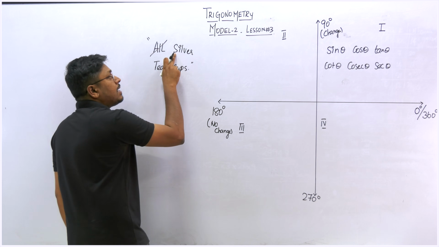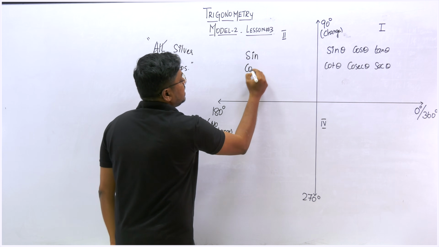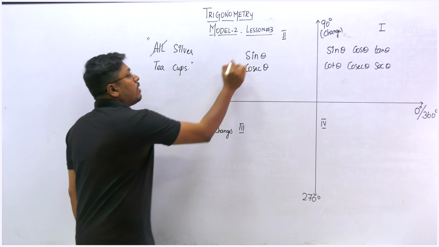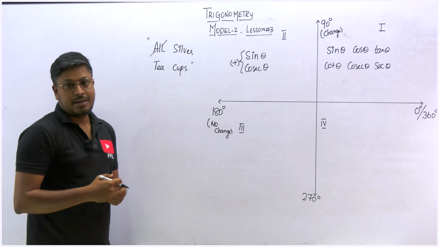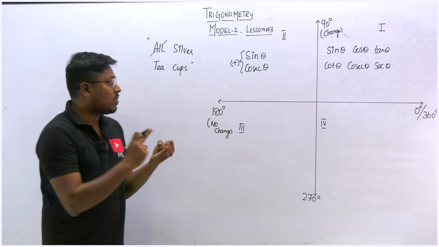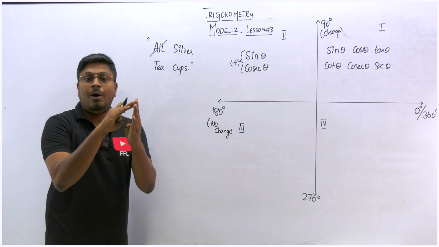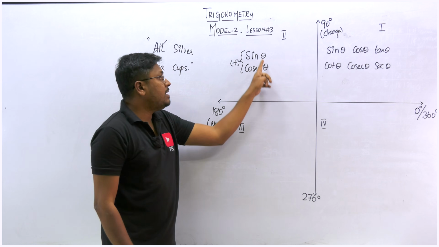Silver starts with S, which means sine theta and cosecant theta, the opposite of sine. So these two are positive. All the remaining values are negative. What are the remaining ones? Cos, tan, cot, secant. All the remaining ratios are negative except these two.